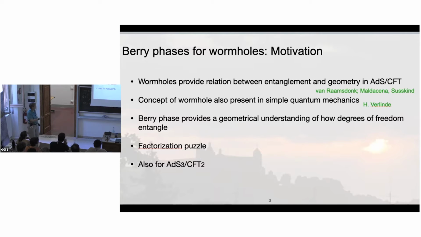And in particular, what we're going to use is that the Berry phase that I'm going to define for you provides a geometrical understanding of how the degrees of freedom entangle and what the different spaces can be characterized from a geometric point of view.